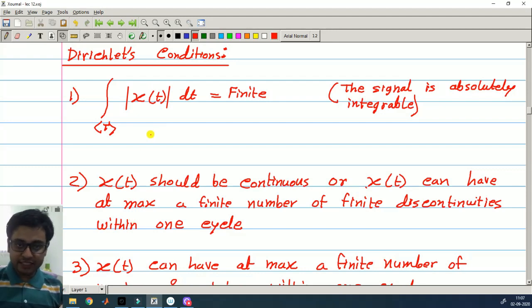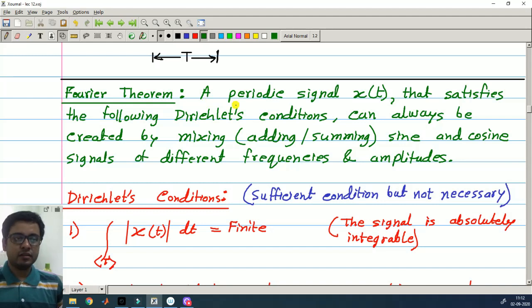However, if any signal satisfies all these three conditions, then definitely it is possible to create that signal by mixing sine and cosine signals. I repeat, any periodic signal x(t) that satisfies Dirichlet's conditions can always be created by mixing sine and cosine signals of different frequencies and amplitudes.